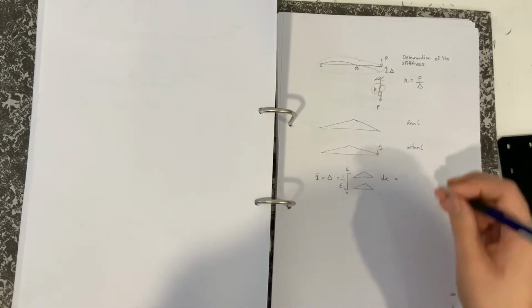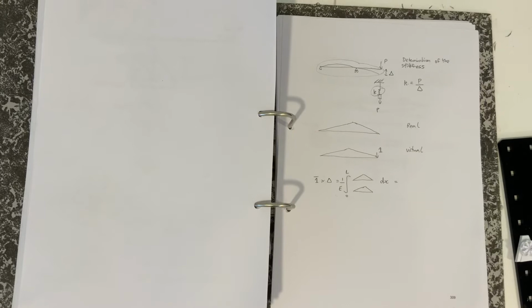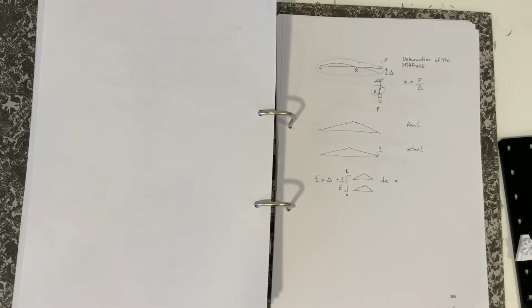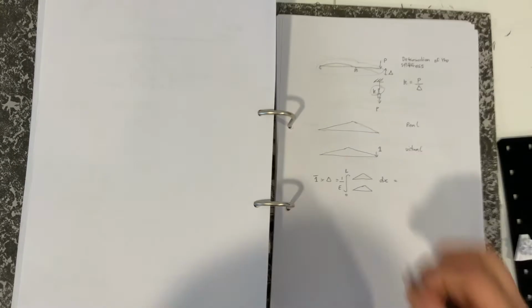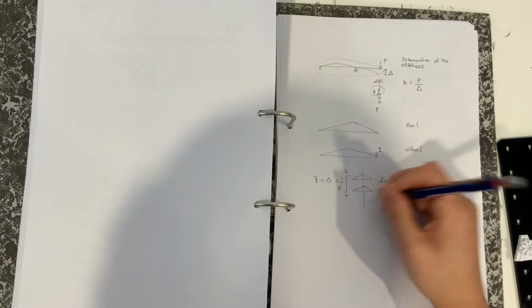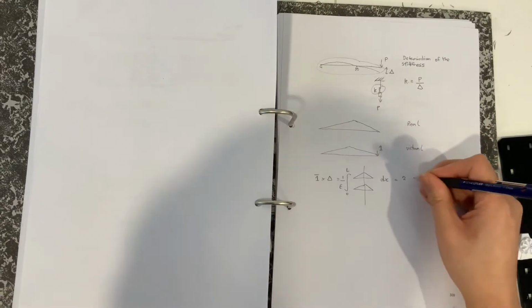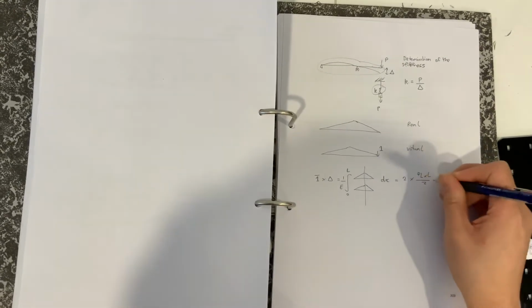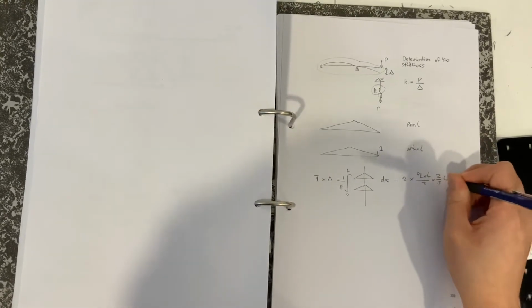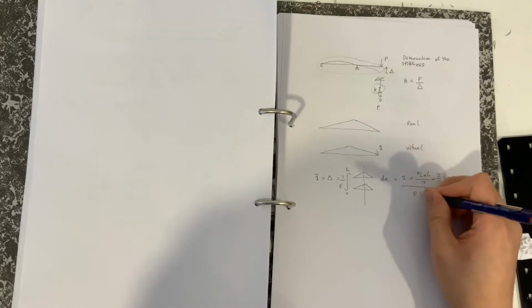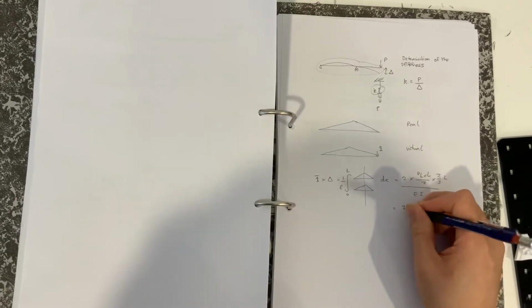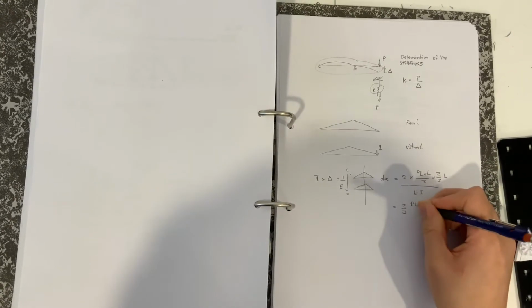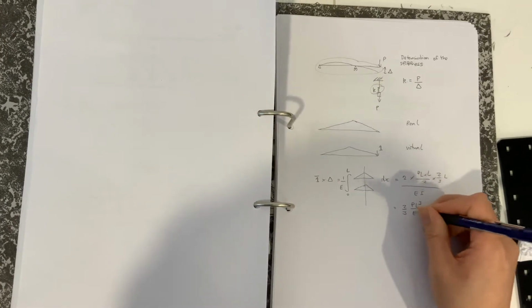And of course that's going to work out to be 2 times this portion here, times PL times L over 2 times 2 over 3L, and divide that by EI, and we will get 2 over 3 PL cubed over EI.